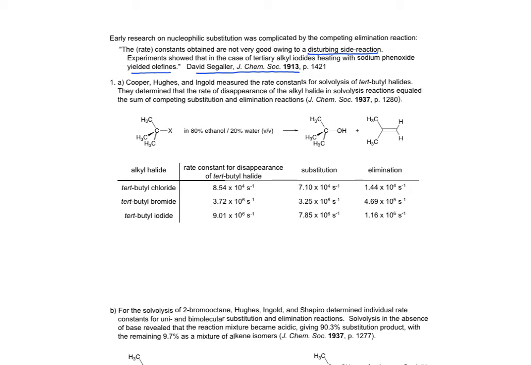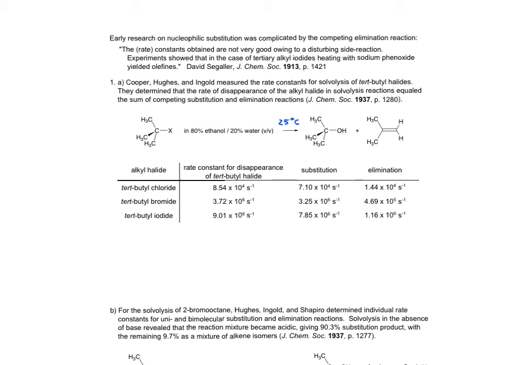And so a few decades later, leaders in the area of chemical kinetics in the United Kingdom measured rate constants for solvolyses of the tert-butyl halides, the chloride, the bromide, and the iodide, at 25 degrees Celsius.